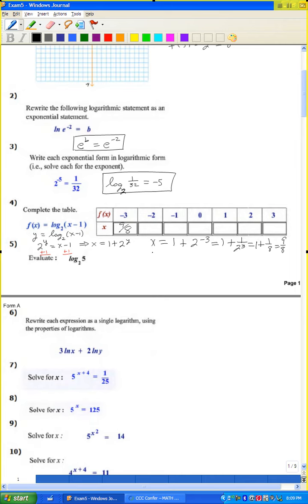I have a little bit of room issues here. 1 plus 2 to the negative 2. 1 plus 1 over 4 is 5 over 4. 1 plus 1 half, 3 over 2. 1 plus 1, 2.